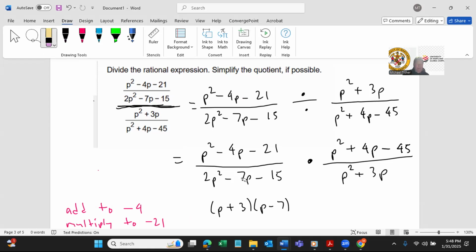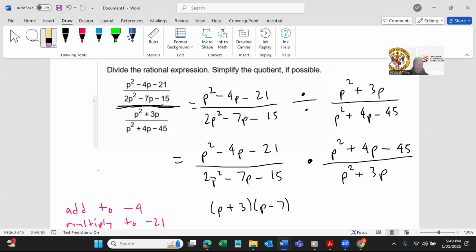Now let's go down to 2p squared minus 7p minus 15. Now notice that in the p squared minus 4p minus 21 that we just did, the coefficient of p squared was a 1. And if it's a 1, we can think of two numbers that add up to the p term, in this case, negative 4, and at the same time multiply to the coefficient term, which is negative 21.